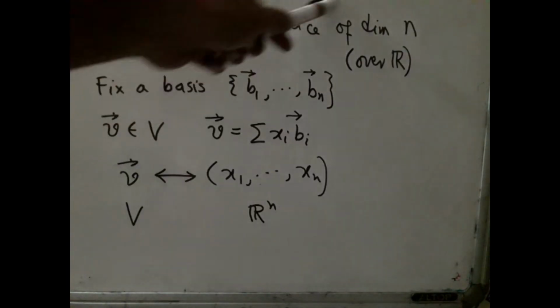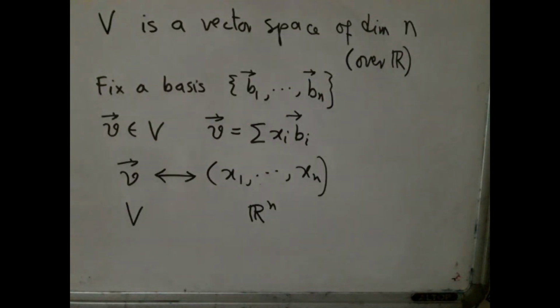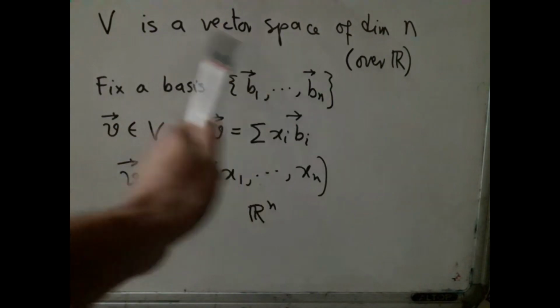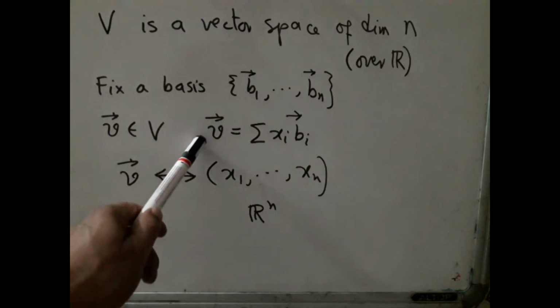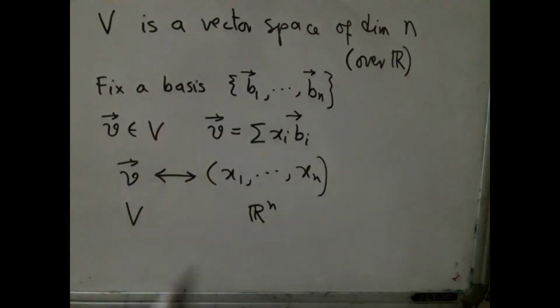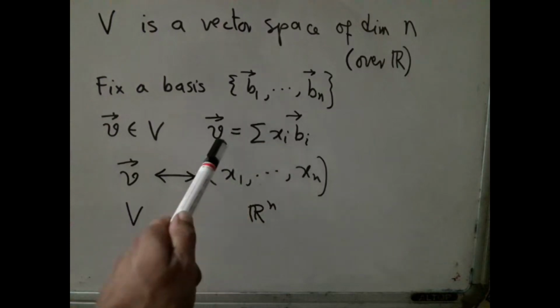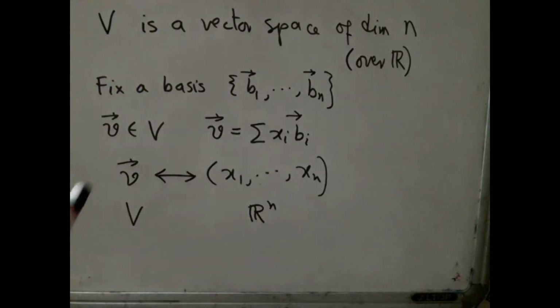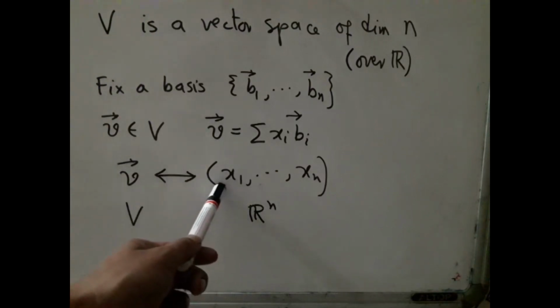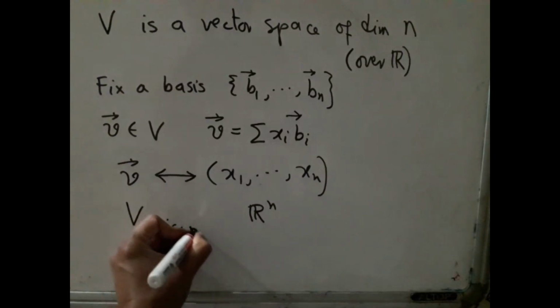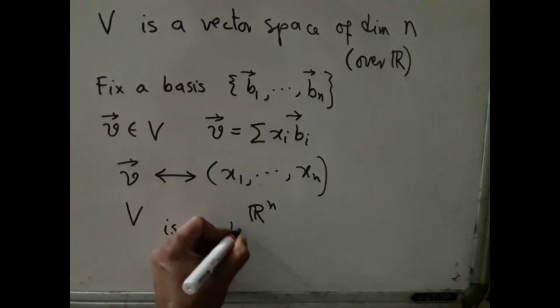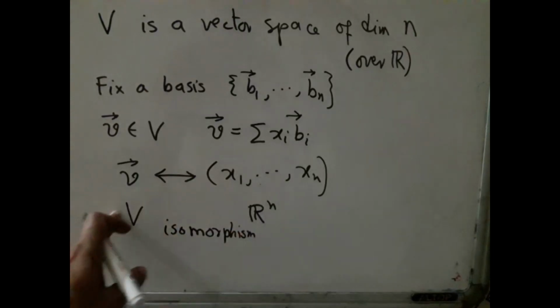Suppose V is a vector space of dimension n over R, then I will fix any basis b1 to bn of V. Now if you take any vector v, I can express it as a linear combination of the bi's because these form a basis, so the xi's are uniquely determined by v. So v is basically identified completely using the n-tuple x1 to xn. This establishes what is called an isomorphism, this term is not very important at this point, an isomorphism between V and Rn.